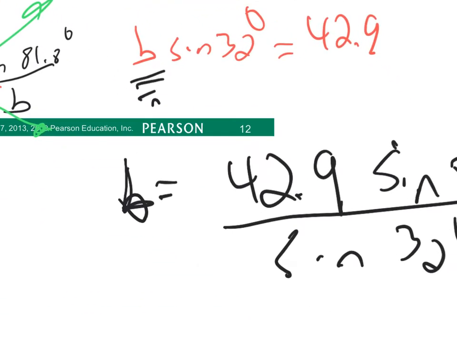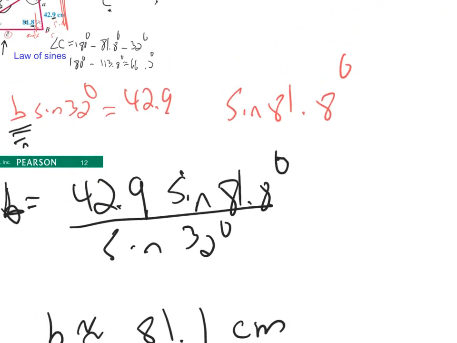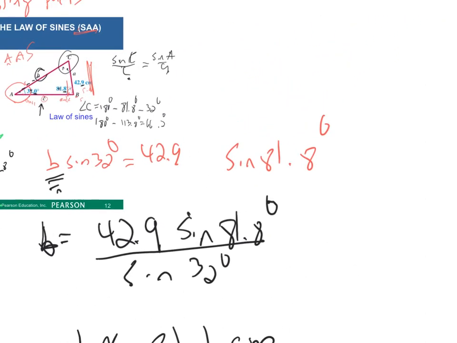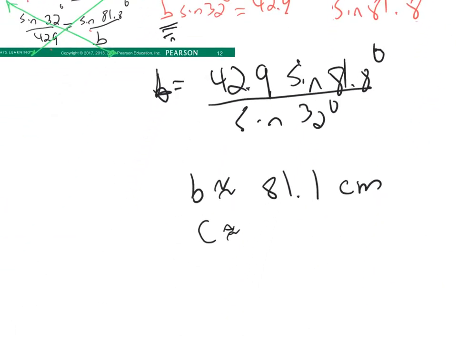So we found B. We found angle C. I'm still using approximate because we were rounding. What did I say? 66.2. Okay, now I'm missing, and we already had the other one.